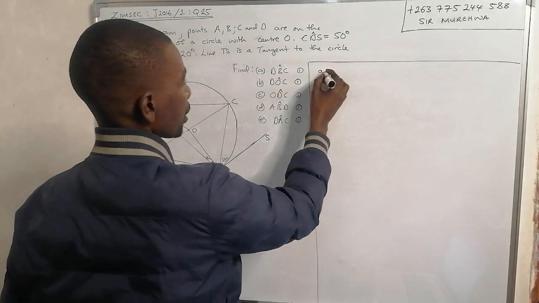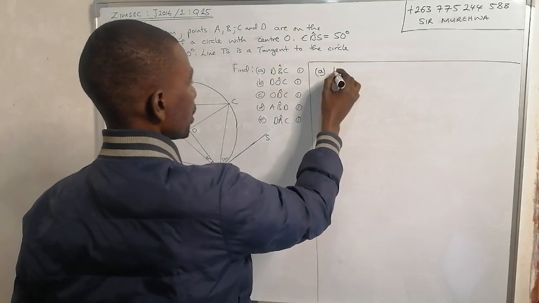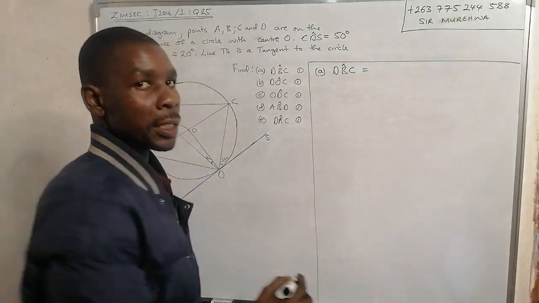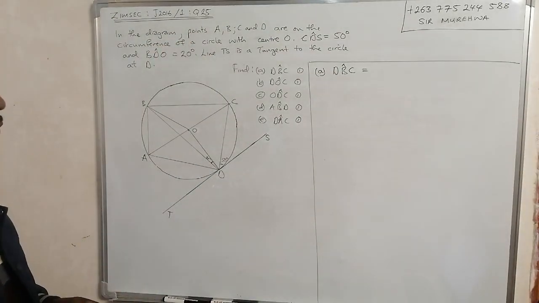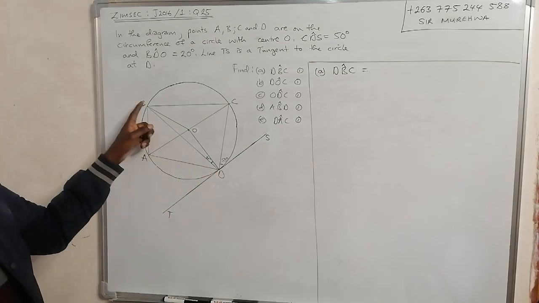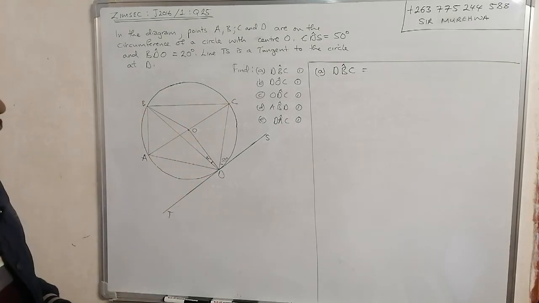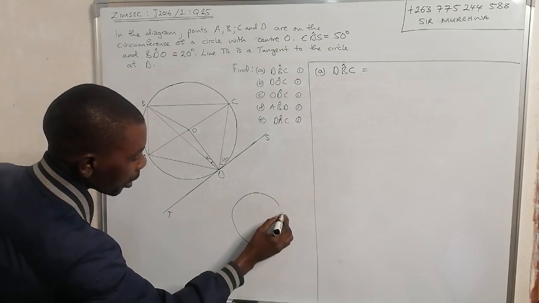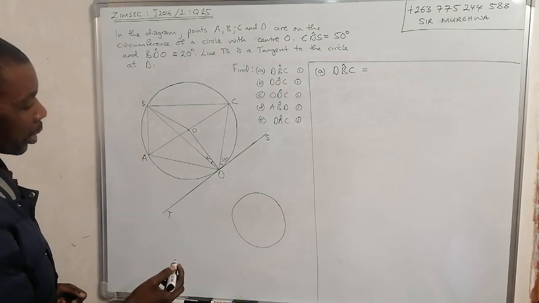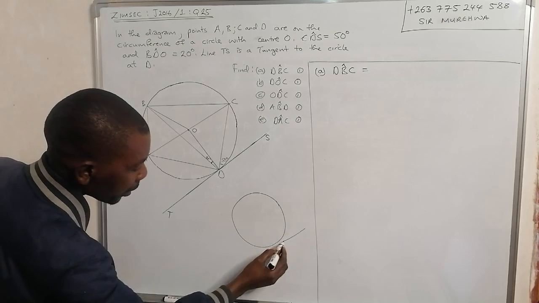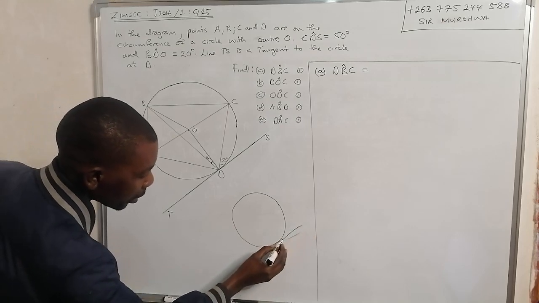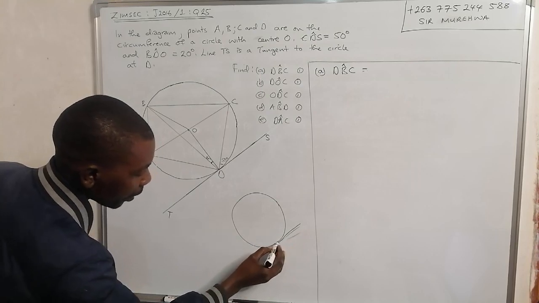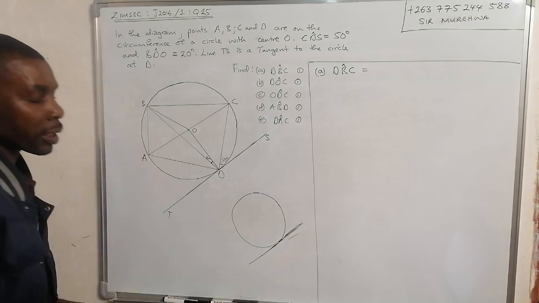First question, part A: find DBC. We can have a separate diagram here to show some of the theorems. Let's have line TS, which is a tangent to the circle.